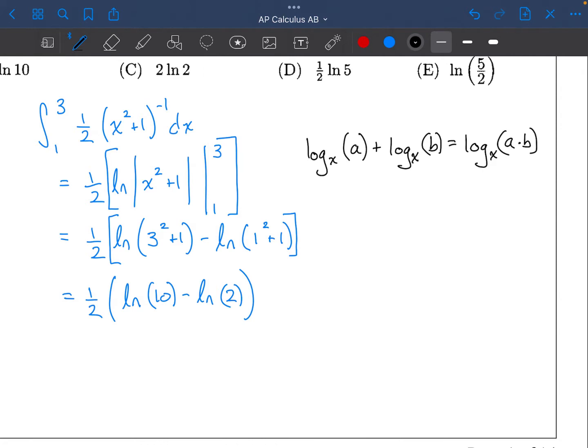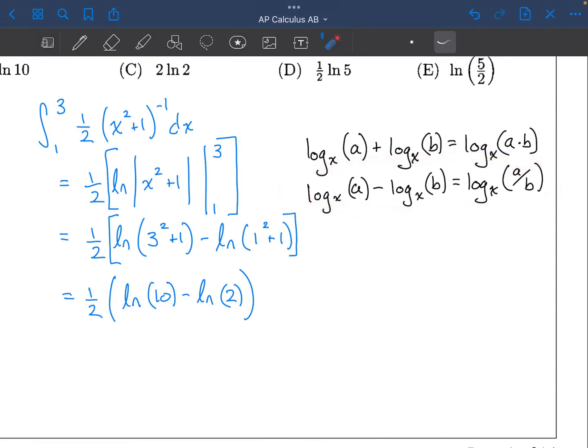That's one of the rules that you should remember, but the other rule is the same thing, but the reverse, where if I have log base x of a minus log base x of b, then I'm going to divide the insides. This can be log base x of a divided by b. So I'm using this second property for our problem because I have subtraction.